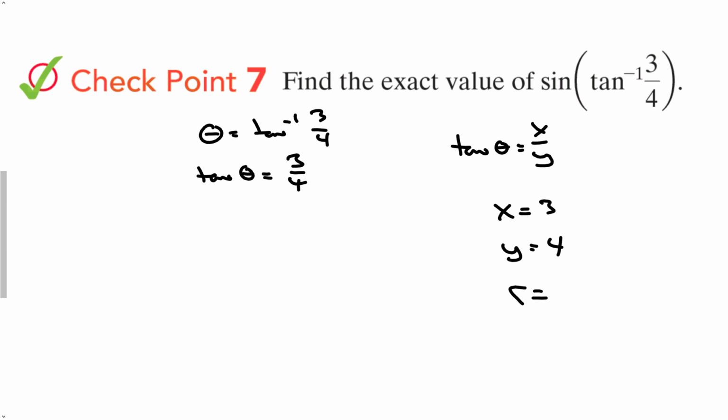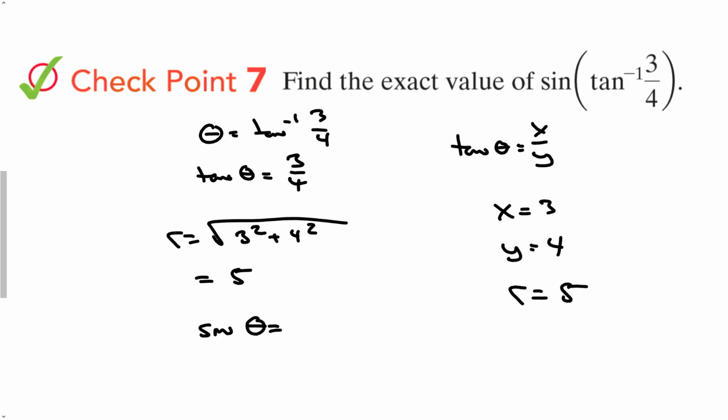I just need the radius. Using the Pythagorean theorem, we get that r is equal to the square root of 3 squared plus 4 squared. It's 9 plus 16, which is 25. So r is equal to 5. And the sine of some angle is equal to y over r. So my answer would be 3 over 5.